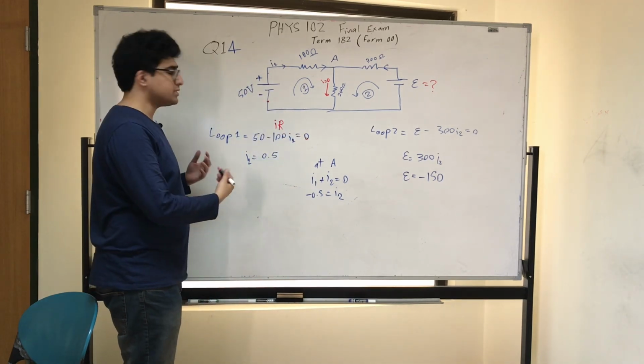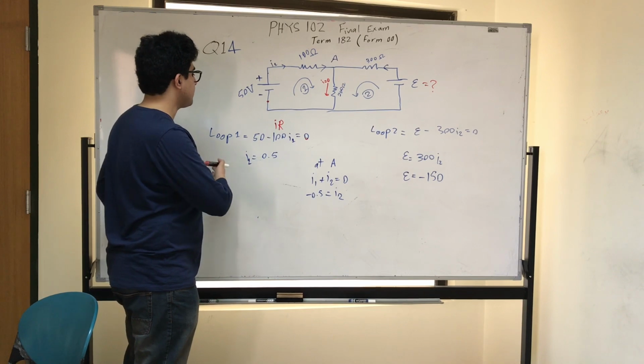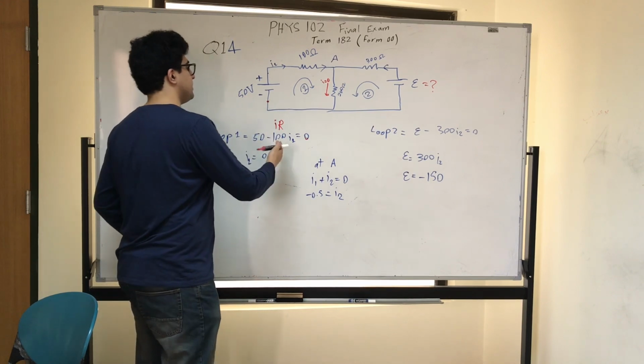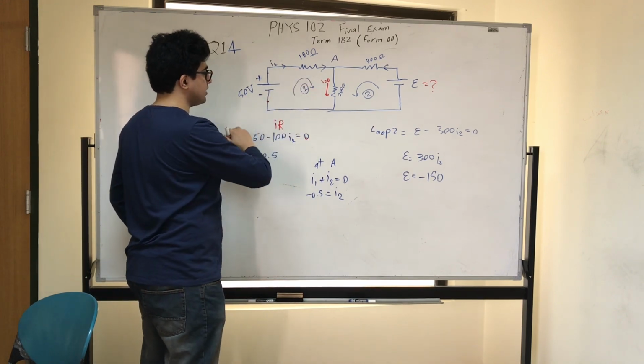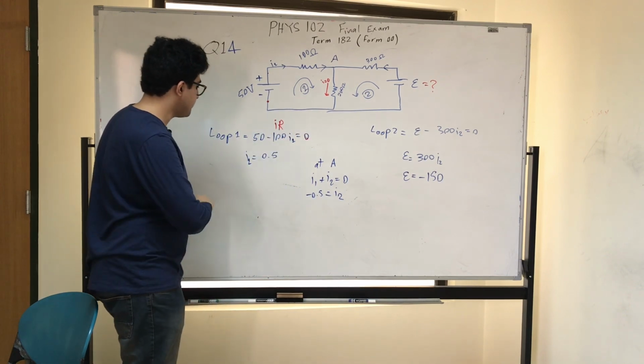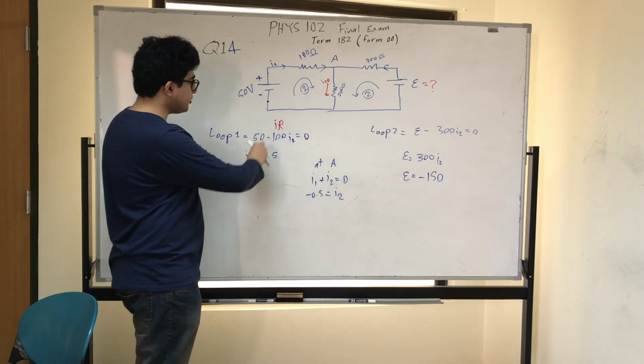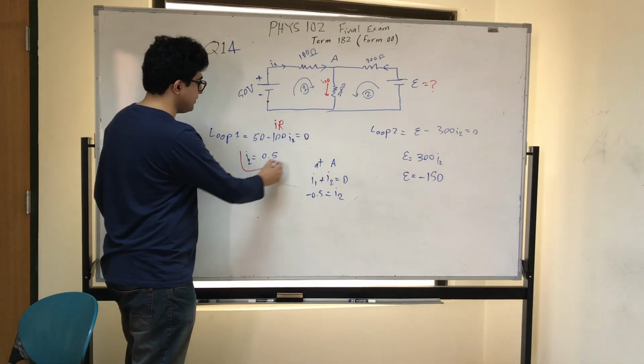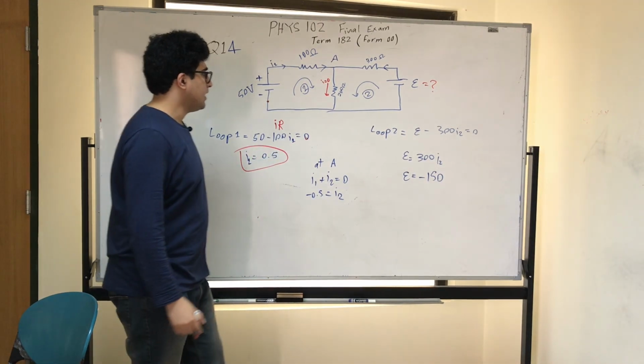And that's what we just did. We algebraically summed all the changes in potential, and therefore we have to get 0 on the other side of the equation. So through this equation, we could solve for I1, which is 0.5.